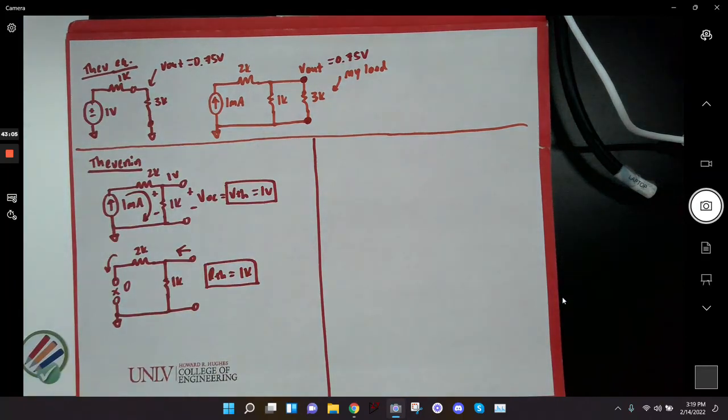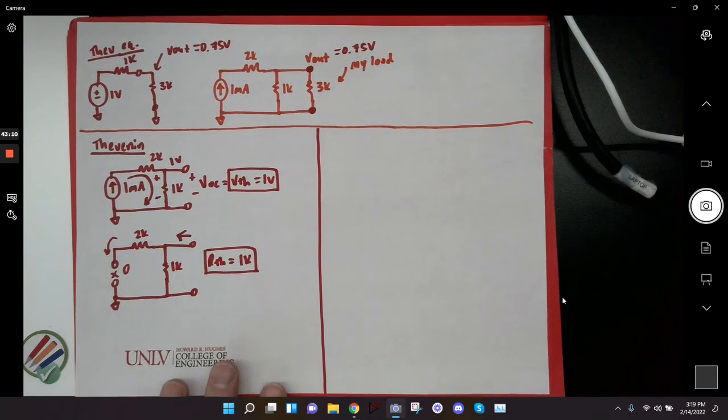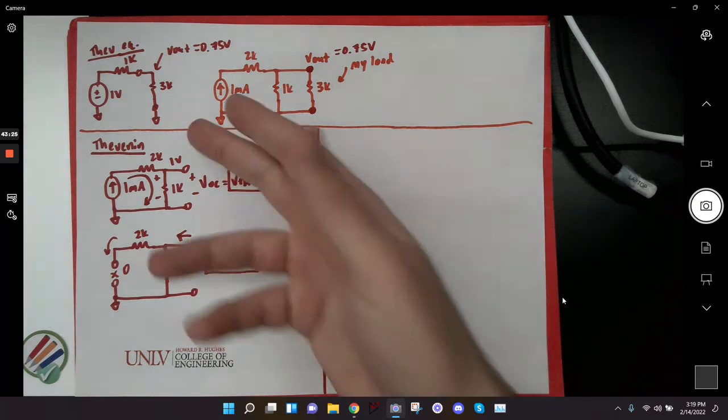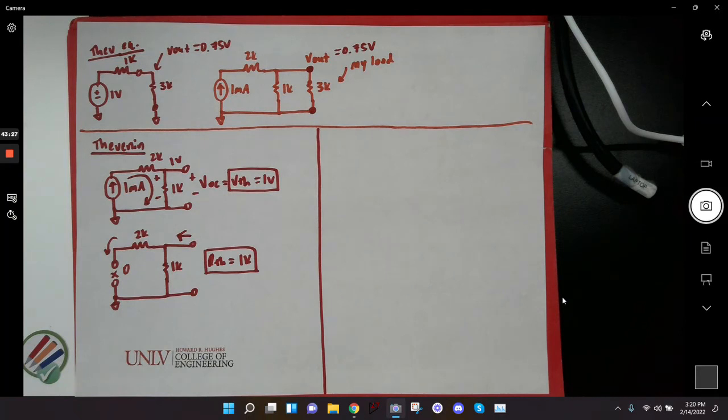So it's used to test different loads without having to redo everything. And again, we're living in the 21st century where we have LTspice and we could just run a sweep simulation where we do a bunch of resistances. They didn't have this. So the whole purpose of this was to do a bunch of calculations really, really quickly, and they like voltage dividers. So, well, Thevenin did. I guess Norton liked current dividers. I don't know.